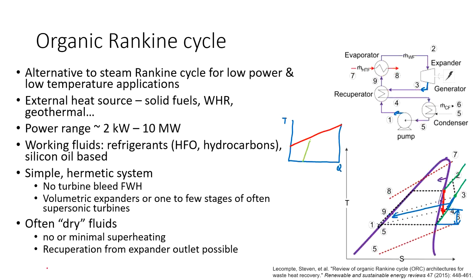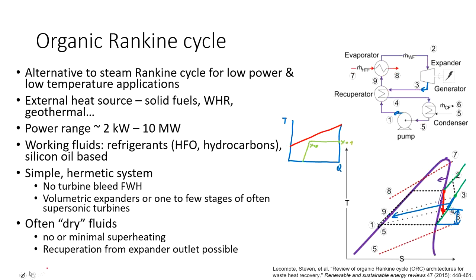So the temperature heat diagram would look something like this to get from x equals 0 to steam quality 1 at the outlet of the heat exchanger.